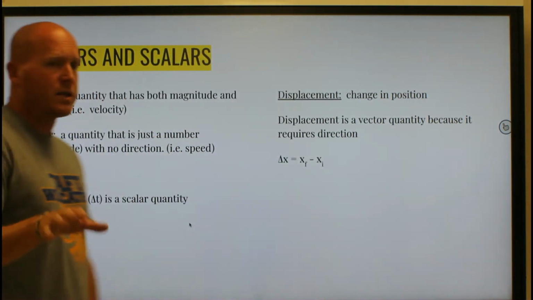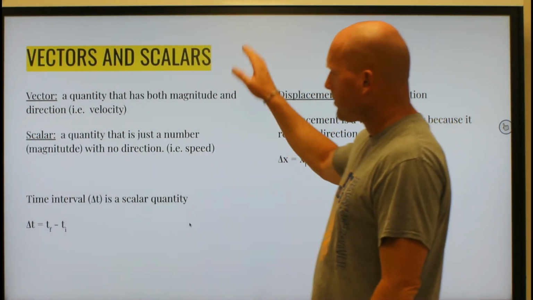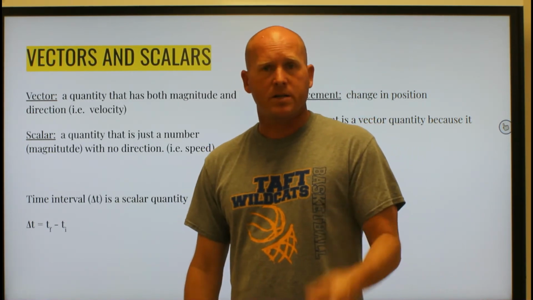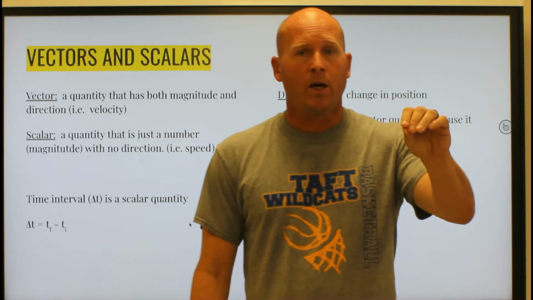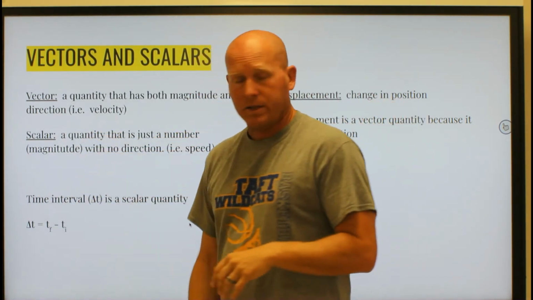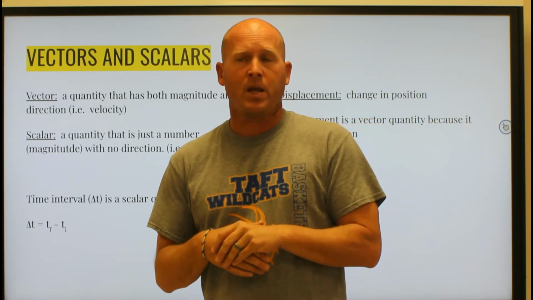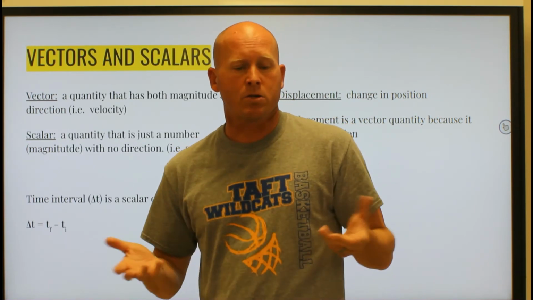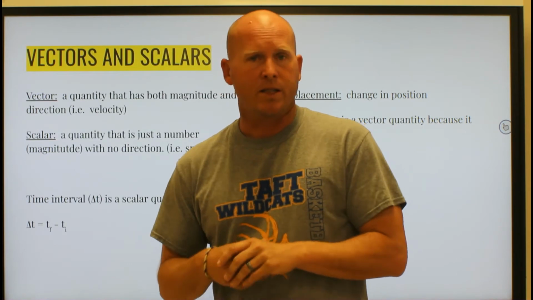There's a couple of terms you got to get familiar with. One is vector. We're going to be dealing with a lot of vector quantities. A vector quantity is anything that has magnitude and direction, where a scalar quantity is just the quantity itself. So here's a good difference. If someone said how fast you're going, and you just said, I'm going 20, you just gave them a scalar quantity.